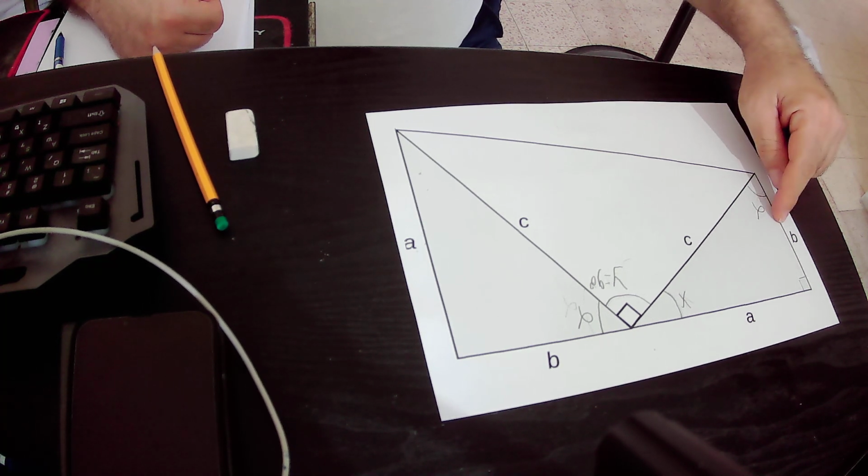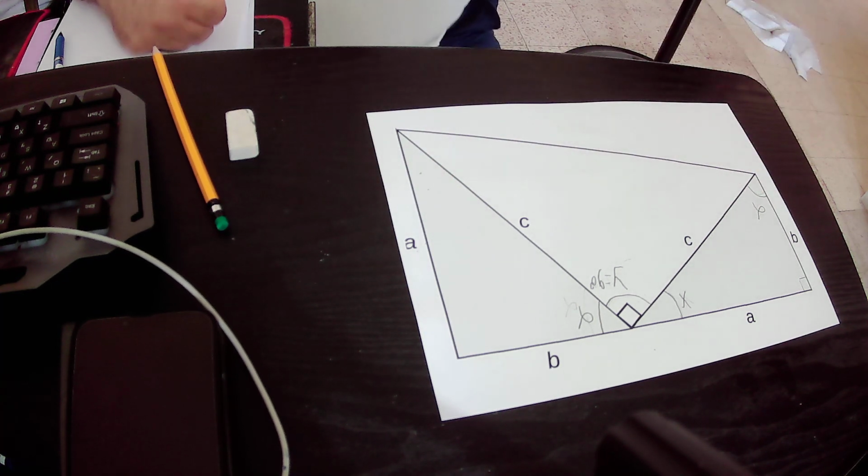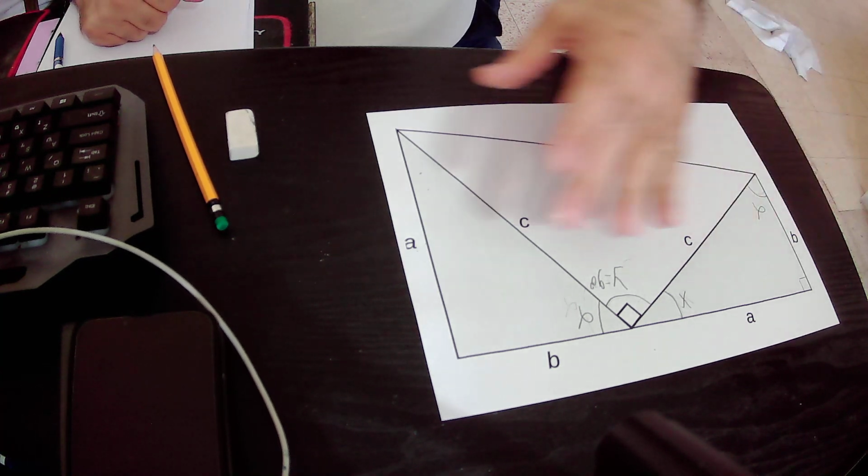Here two sides, A and B, are parallel to each other. If you have a square with a pair of sides that are parallel to each other, then it is a trapeze. So we have here a trapeze.